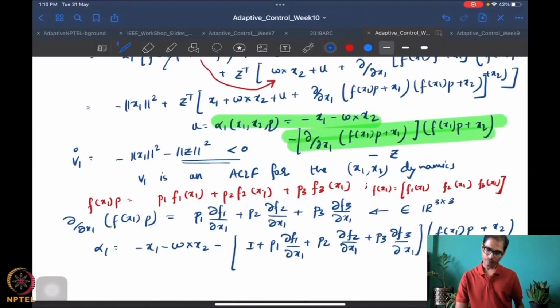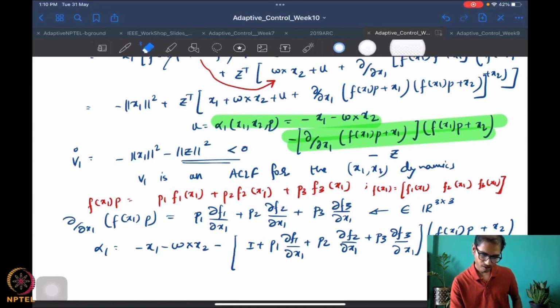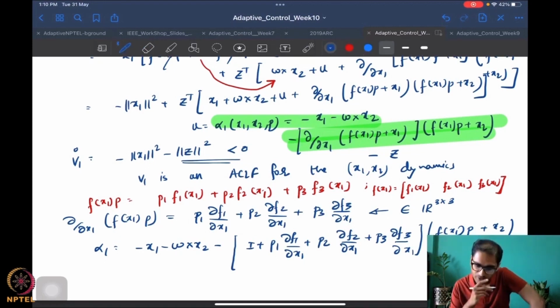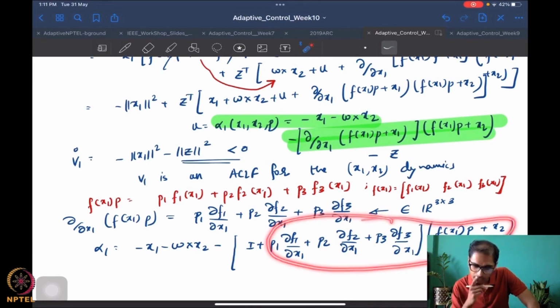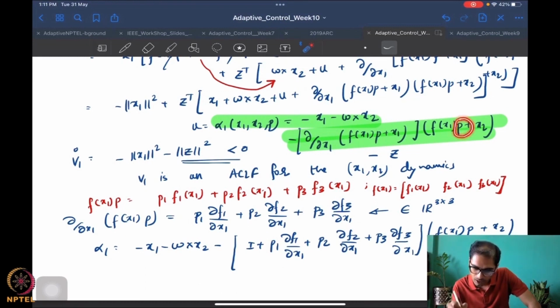Now again, one has to be a little bit careful here and see if even this works out. Why I'm wondering if this will work out is because now this guy looks quadratic in your unknown, right? Because there is an unknown here, there is an unknown here.